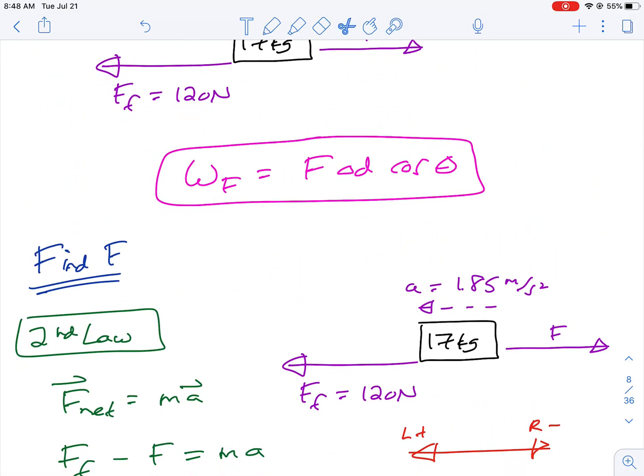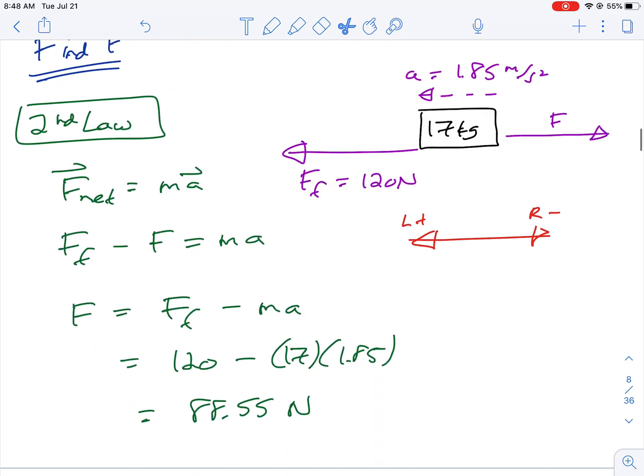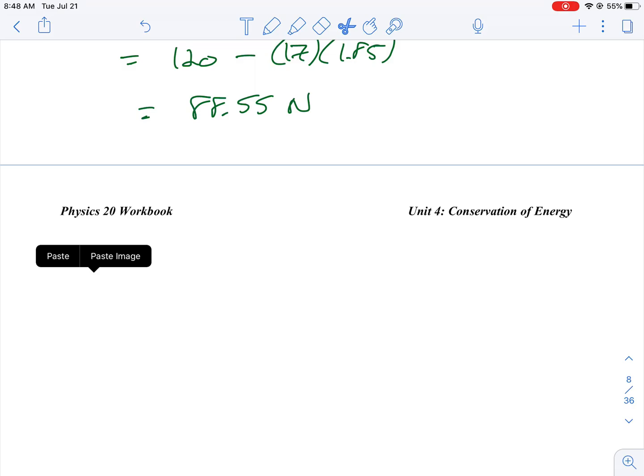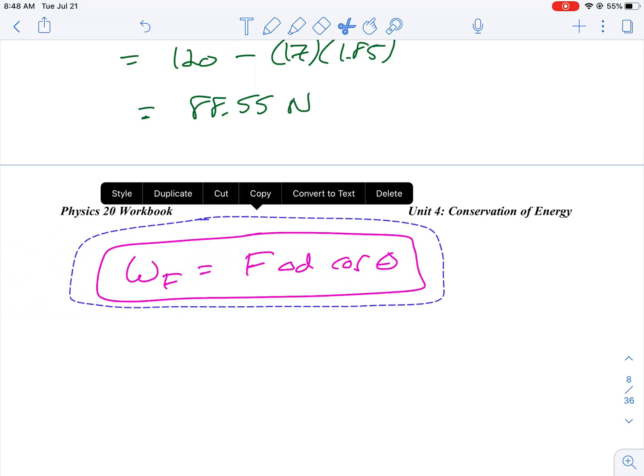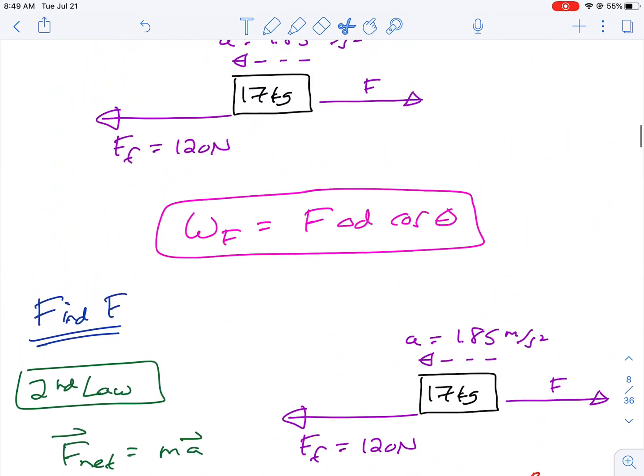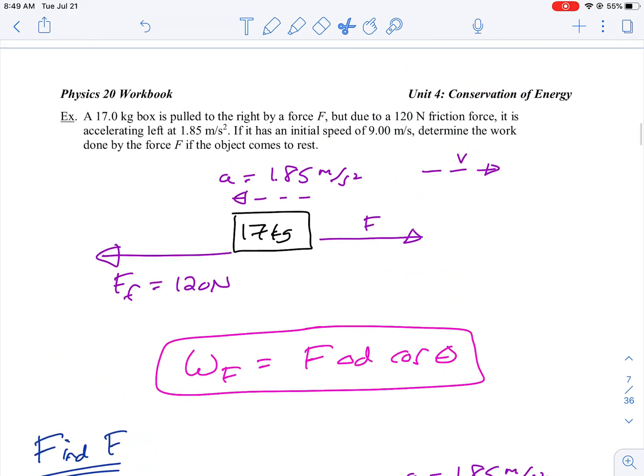Okay, next, and I'll transfer this down. Our next step is to find the delta D. To do that, I'm going to go back and just copy this question. Copy that.